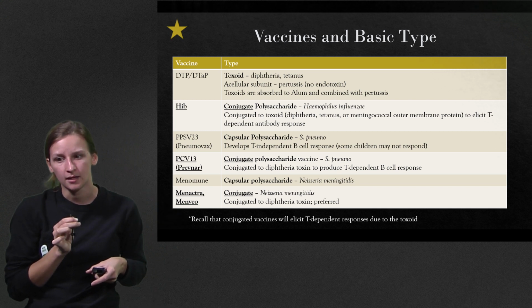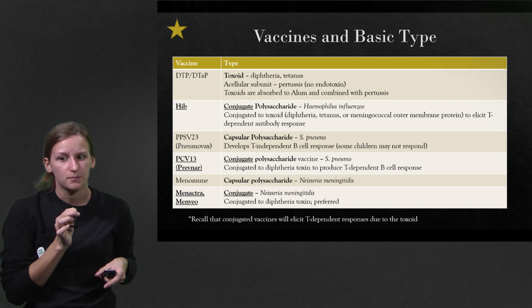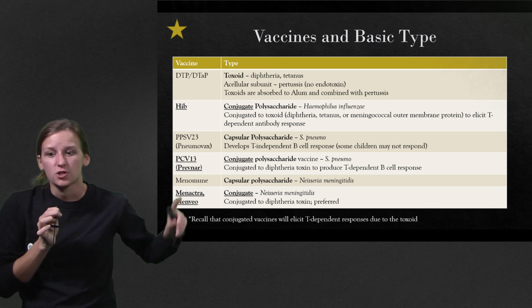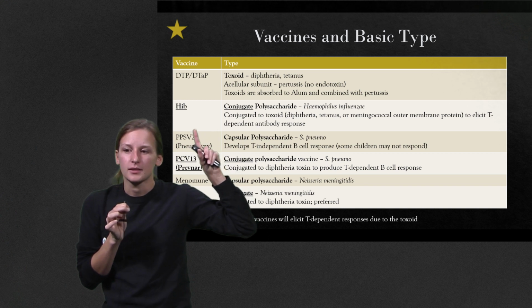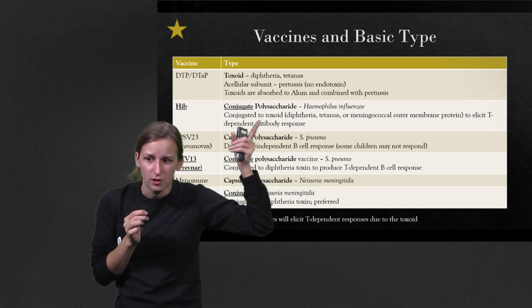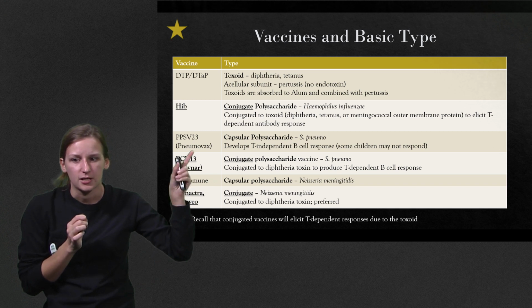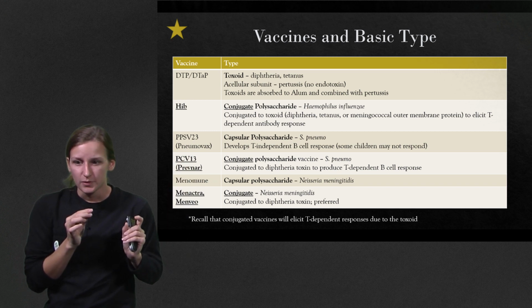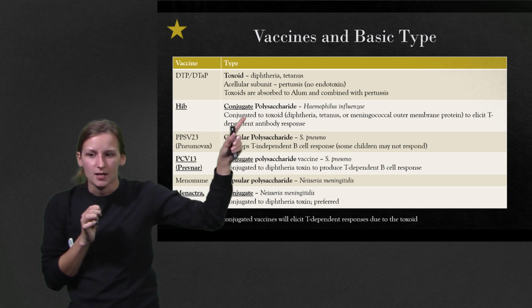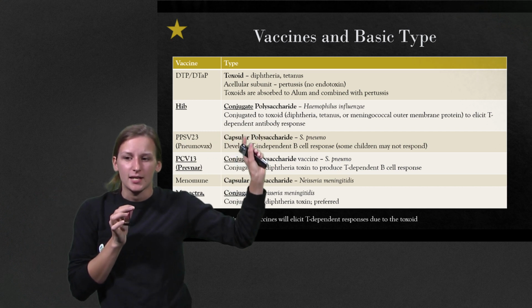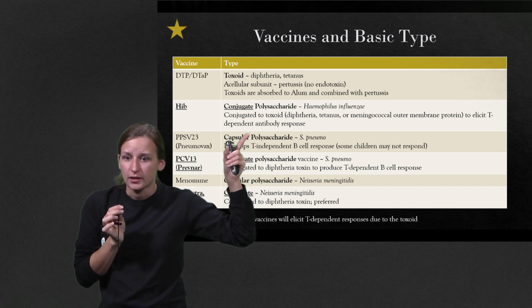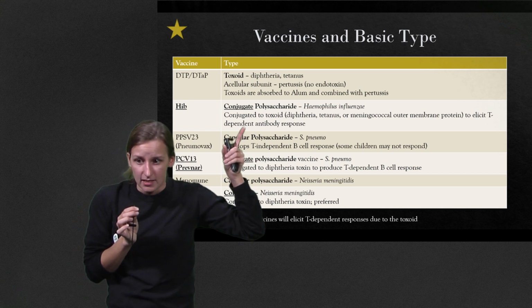So HIB is the Haemophilus influenzae B vaccine. This one is conjugated. I think you'll definitely want to remember that Hib is a conjugated one. You want to remember all the ones that are conjugated versus which ones are just polysaccharides. This one is conjugated to a toxoid so that the polysaccharide can be recognized by the body to elicit a T-dependent response.